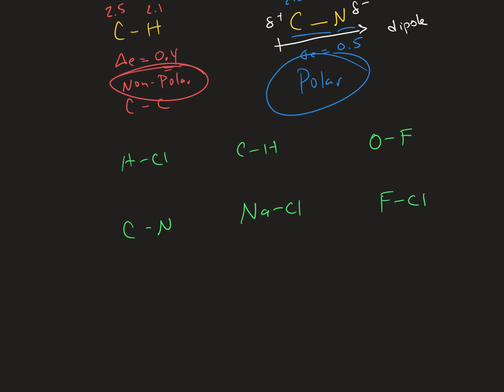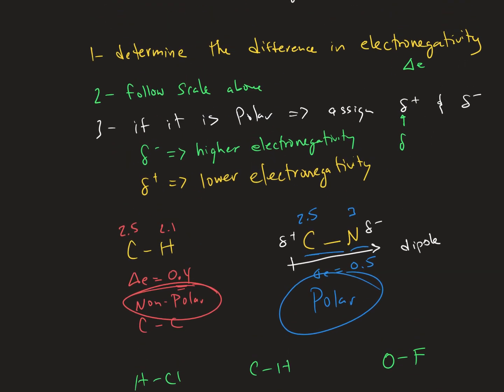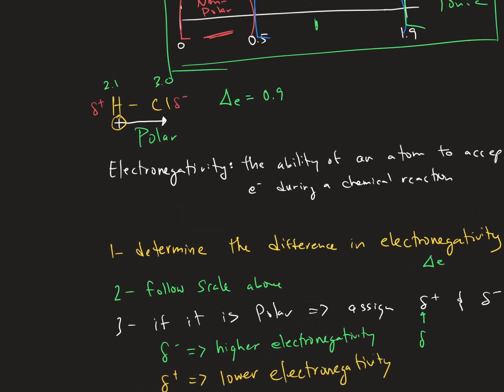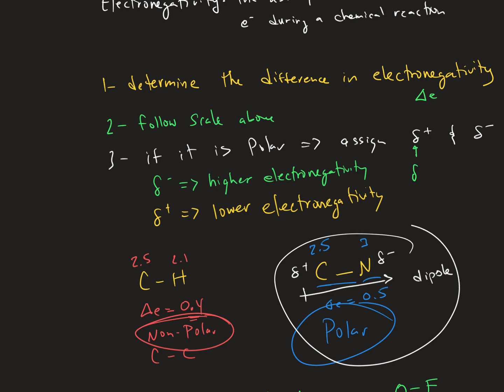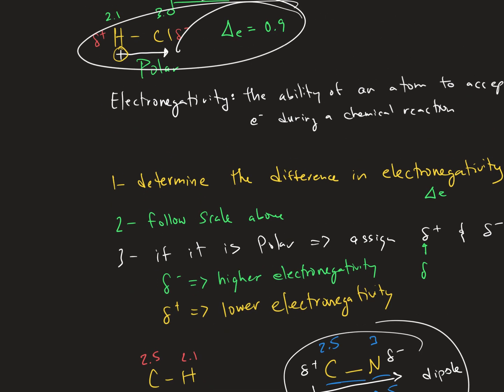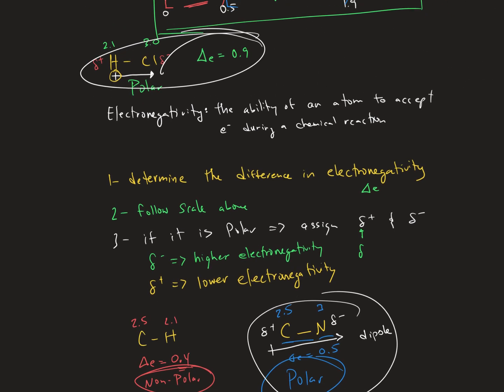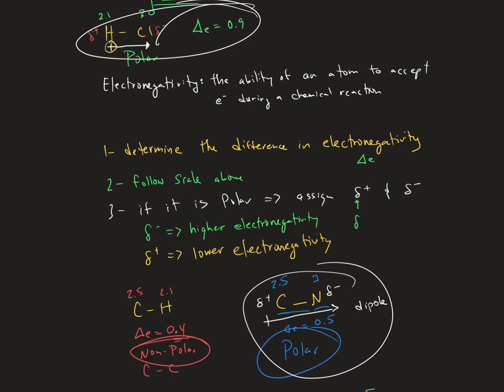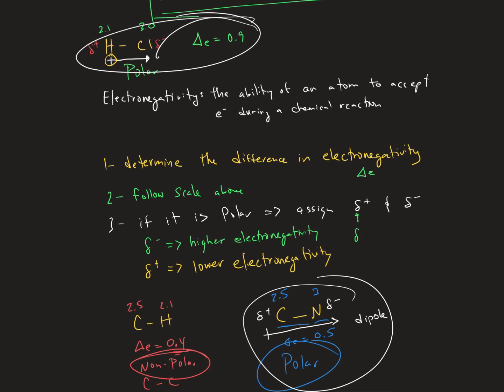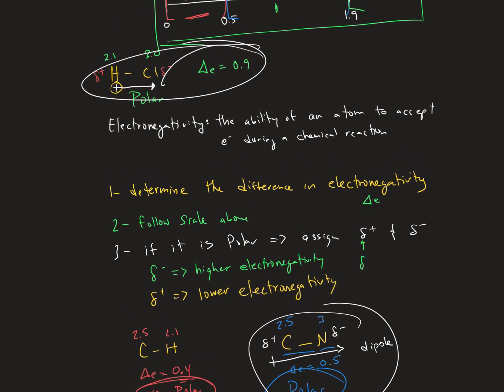How do we do that? Should we try it on something that we already did? This one and this one? Which one do you think is more polar? The HCl bond or the CN bond? Why is that? Greater difference in electronegativity.